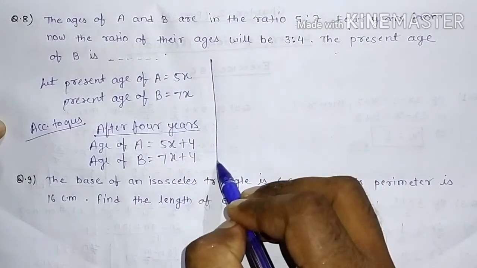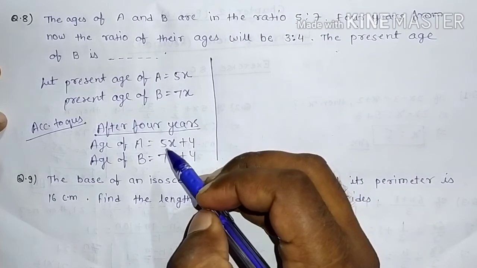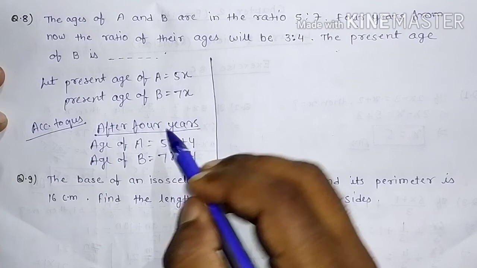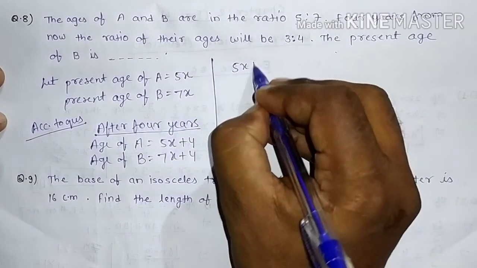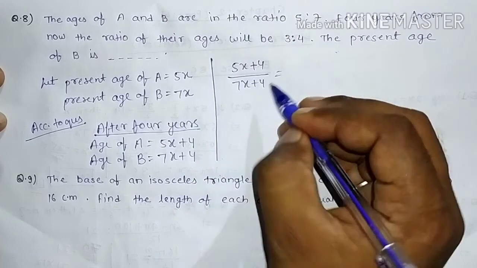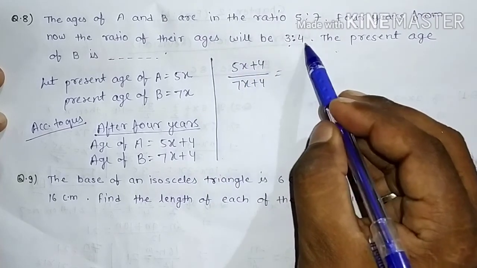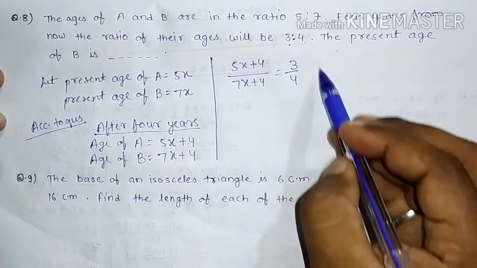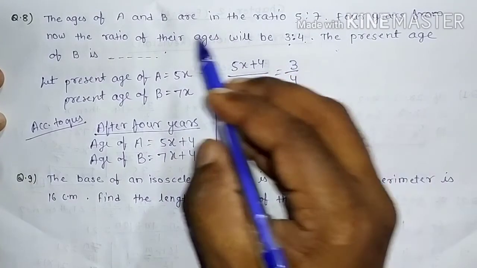That means the ratio of the ages of A and B after 4 years, that means (5x plus 4) divided by (7x plus 4) equals 3:4. So this is 3/4. So simply this is the equation which is formed according to the question.